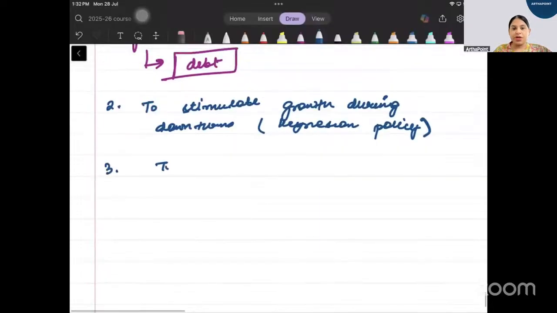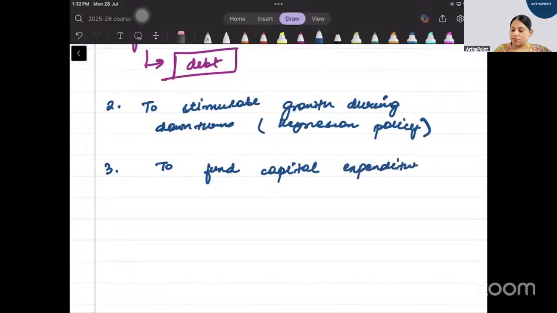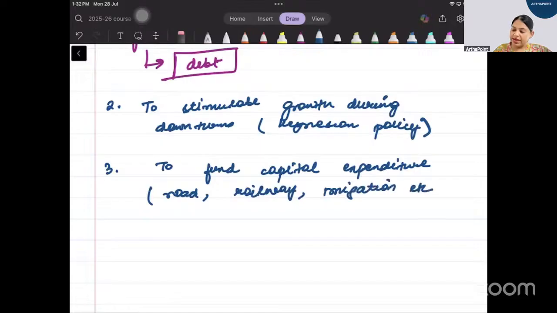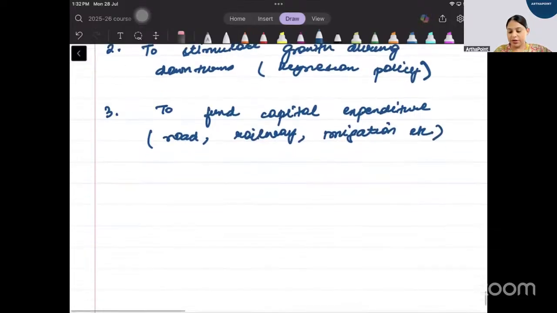Third, to fund capital expenditure: road, railway, irrigation, etc. Right?